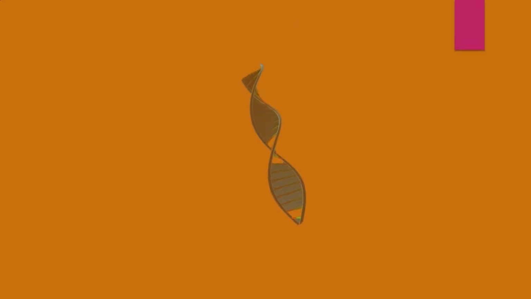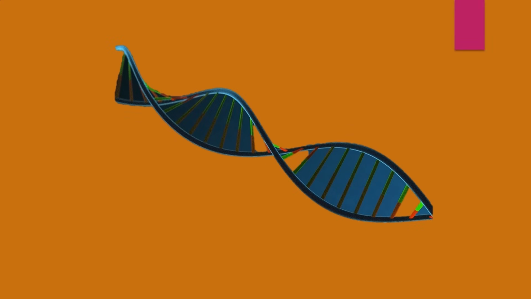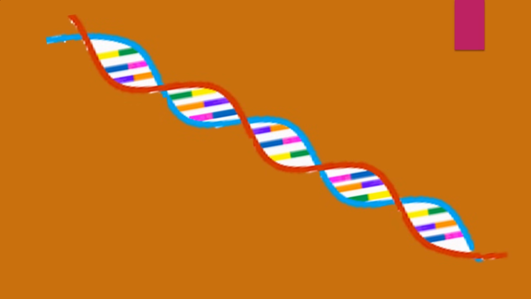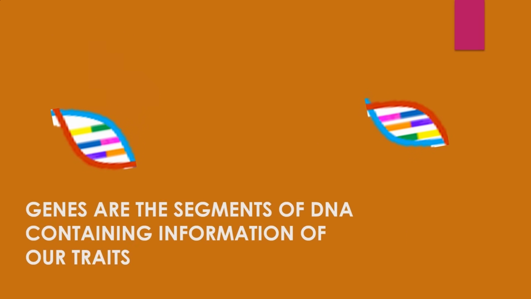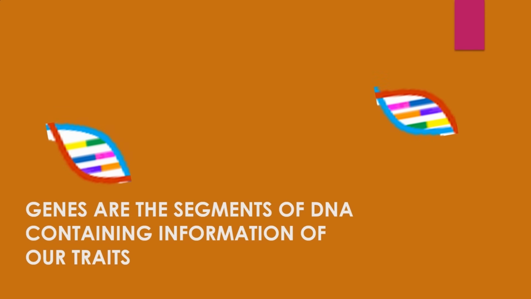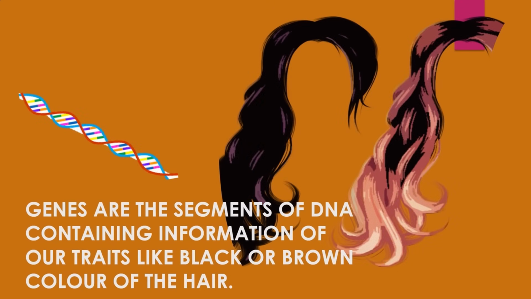In the DNA molecule, two strands of nucleotides are arranged parallel to one another, forming a ladder-like structure. Genes are the segments of DNA containing the information of our traits like black hair color and brown hair color.